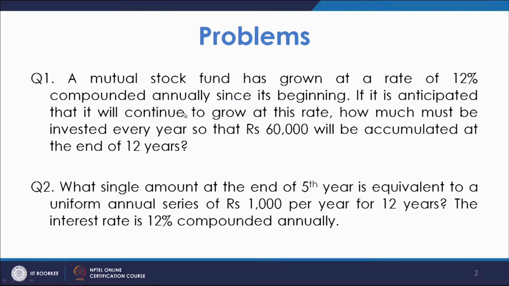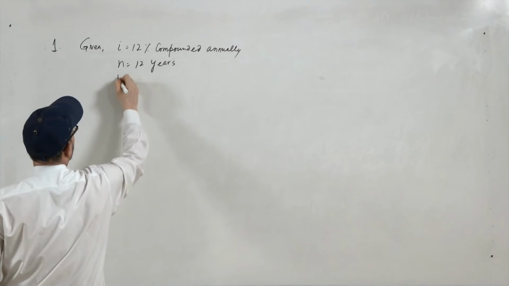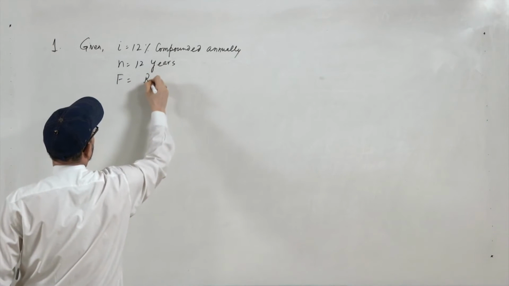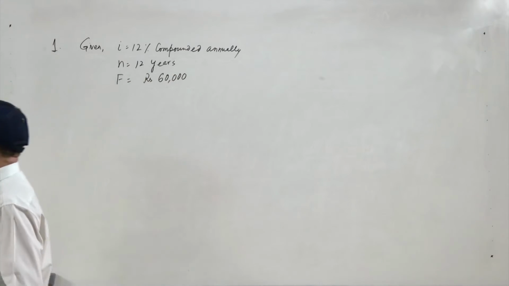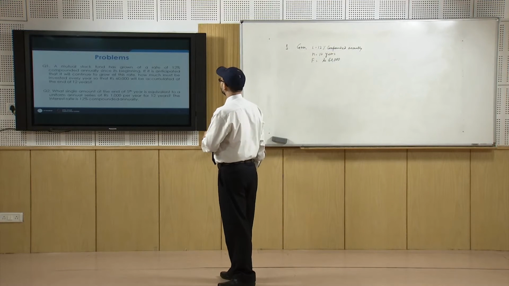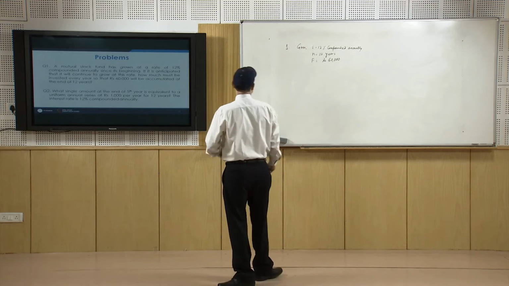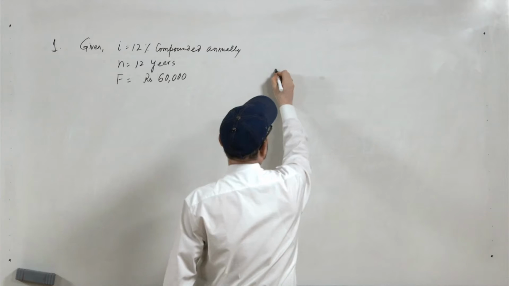So, n is 12 years and F is given as rupees 60,000. So, basically you have to find what should be invested every year. The cash flow diagram will be like this.